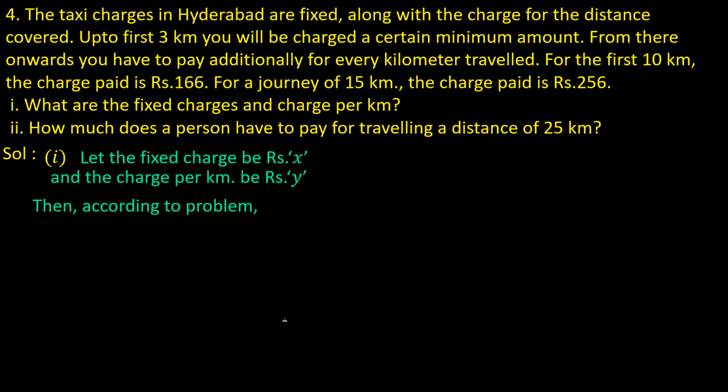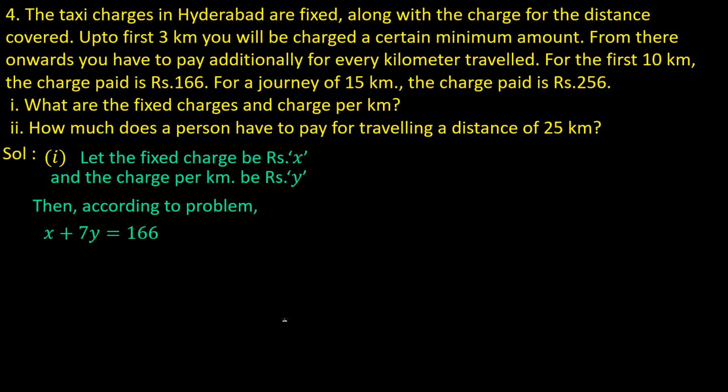That is, for the first 3 kilometers X rupees, and for the remaining 7 kilometers Y rupees per kilometer. So in that way we have paid 166 rupees, that is X plus 7Y is equal to 166.